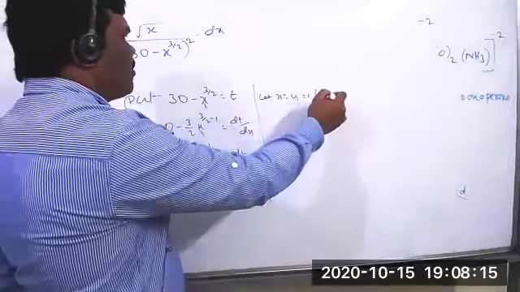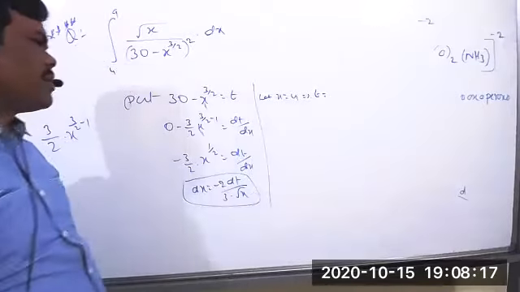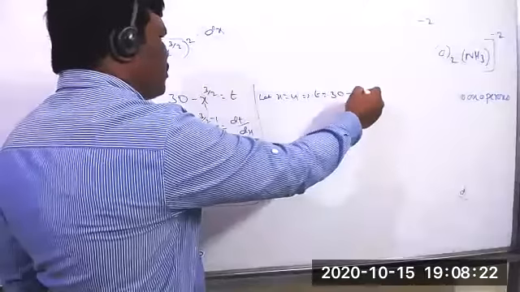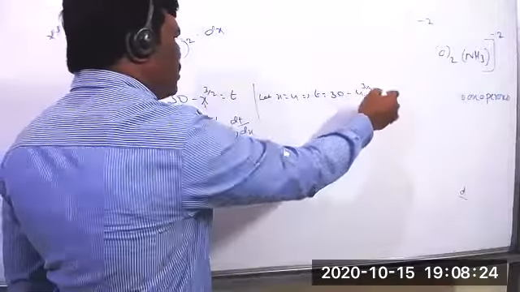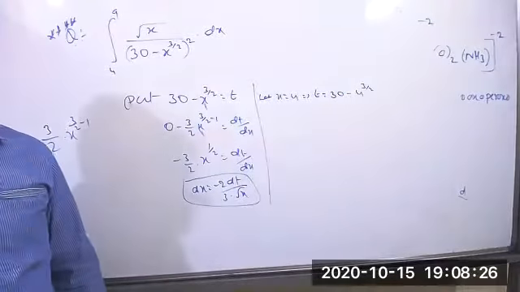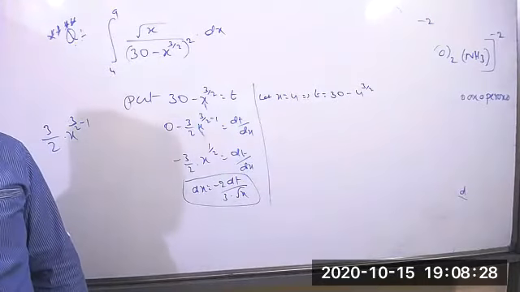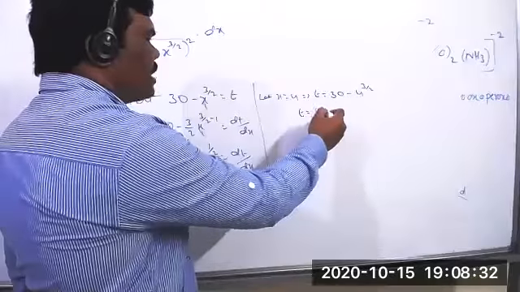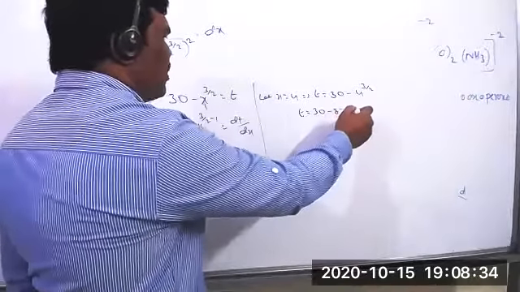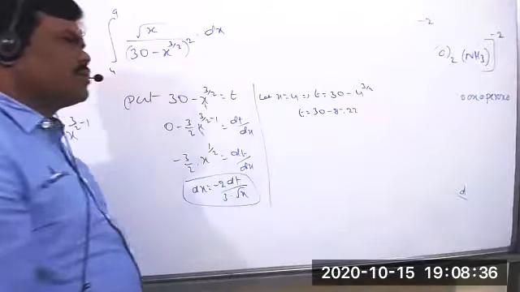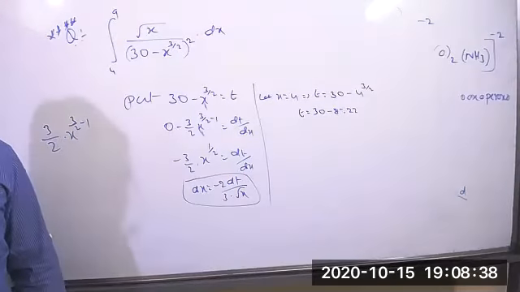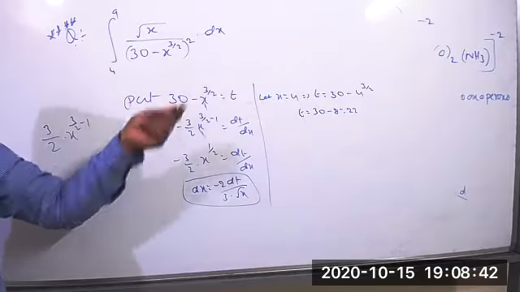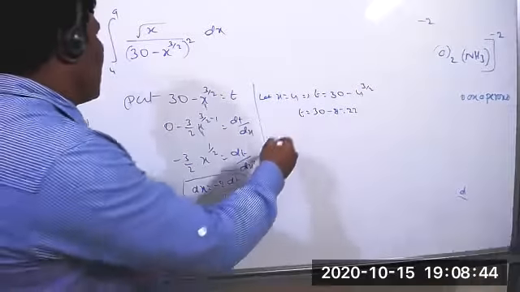The value of t equals? Substitute x equal to 4 in the condition: 30 minus 4 power 3 by 2. 4 power 3 by 2 is (4 square) whole power 3 by 2, so 2 cube, which is 8. So t equals 30 minus 8 equals 22. When x equals 4, t equals 22.